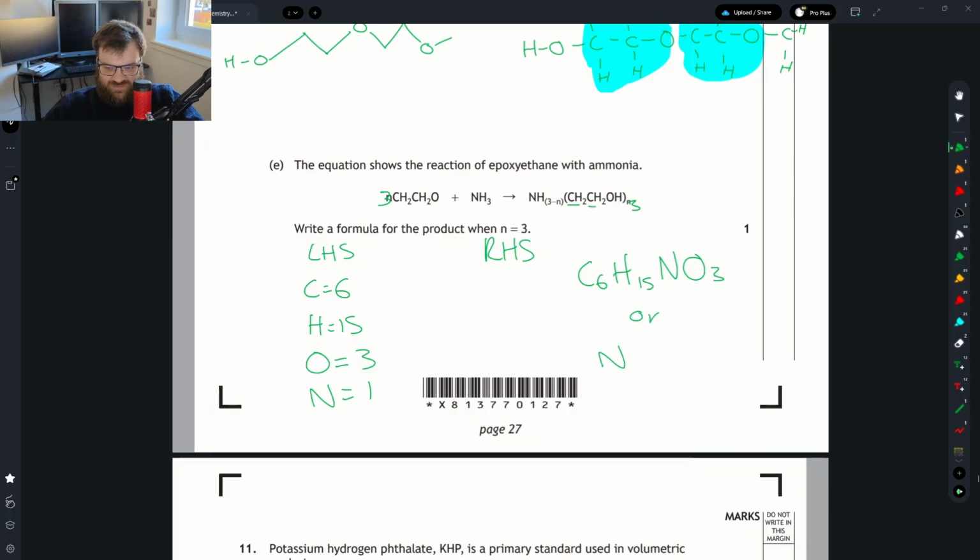Like N in front of it, and then have your CH2, CH2, OH, the 3 there. Like I say, the nitrogen bit's bothering me. Last time I checked, 3 minus 3 is 0. That would knock away any nitrogens at all. So I'm potentially missing something there, but that seems a wee bit confusing.